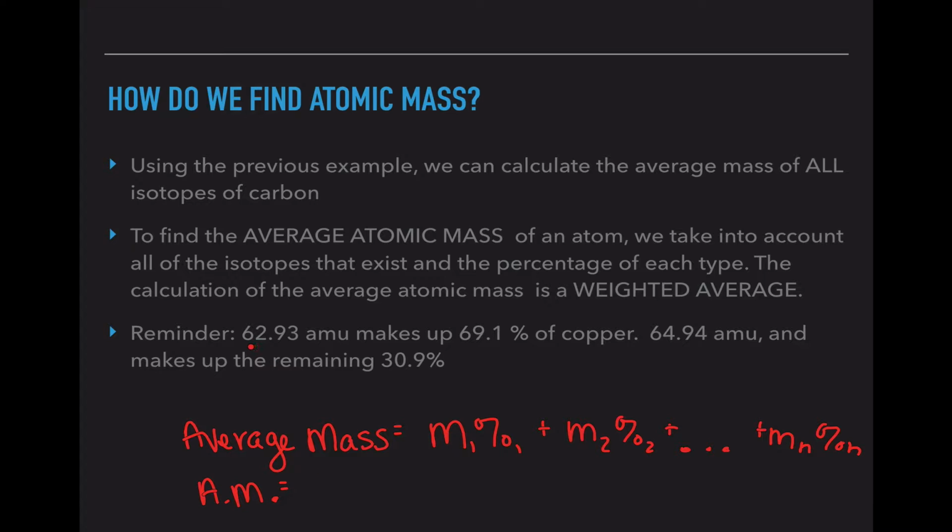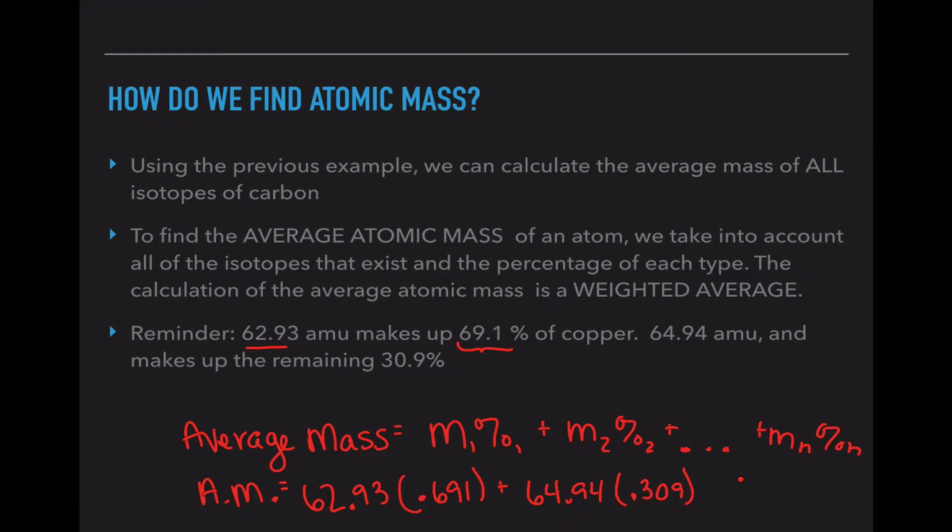So again, our average mass is mass 1, which is 62.93, times the percent 1, and this percent is 69.1%. I'm going to change that back into decimal form, so 0.691, plus mass 2 times the percent changed back into decimal form. And since there are only two types of copper, those are the only numbers that we need.